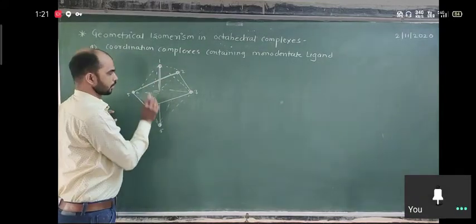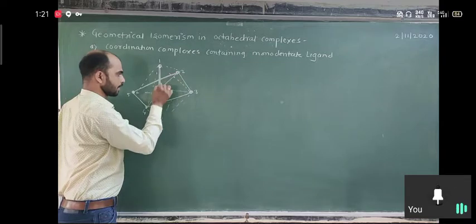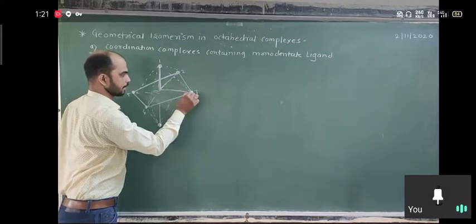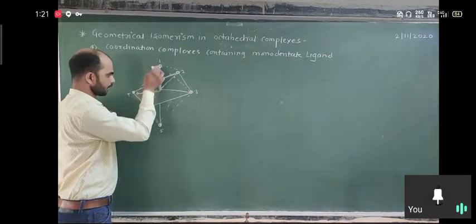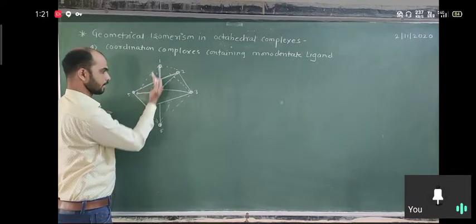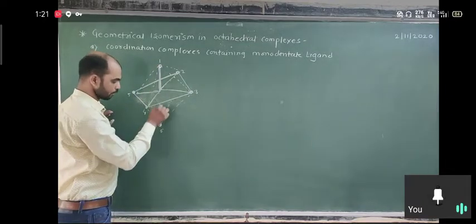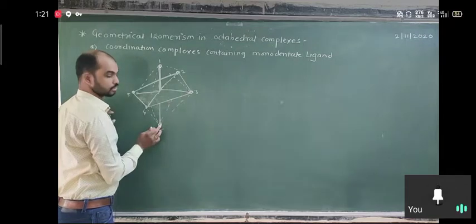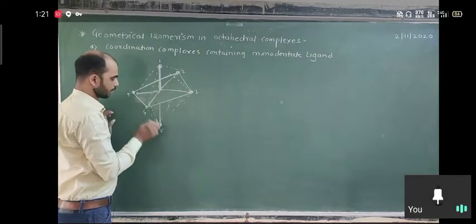Here this bond is 90 degrees, this bond is 90 degrees, again here the bond is 90 degrees, and again here 90 degrees. The same thing is for below. These relate with each other at 90, again 90, 90, 90.